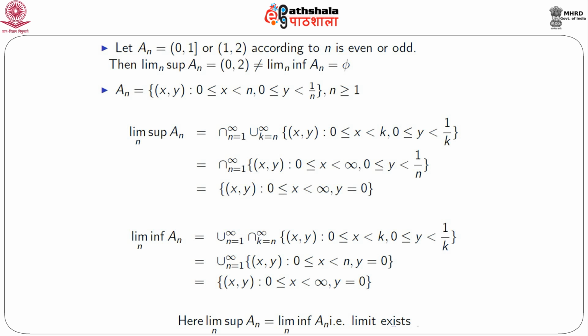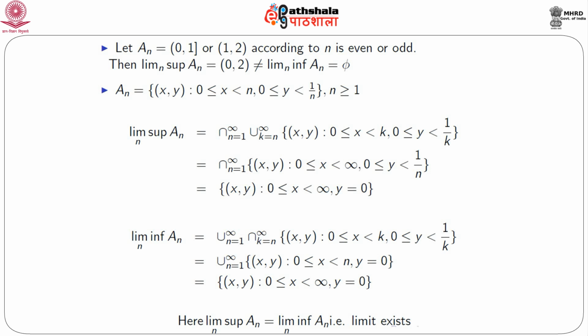Whenever we are taking the union, we have to take the largest sets possible. In this case, k will be going to infinity for x, and for y, the largest interval that I can have is achieved when k is equal to n. So, it will be 0 to 1 over n.